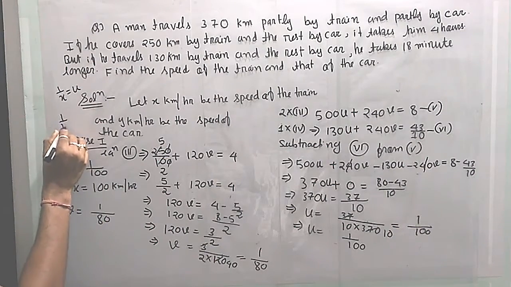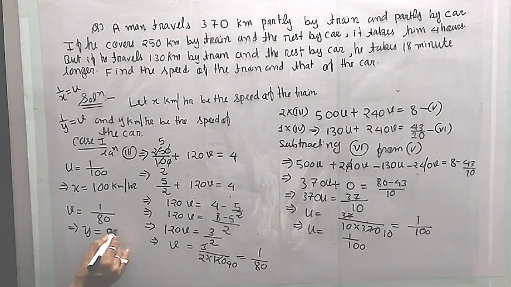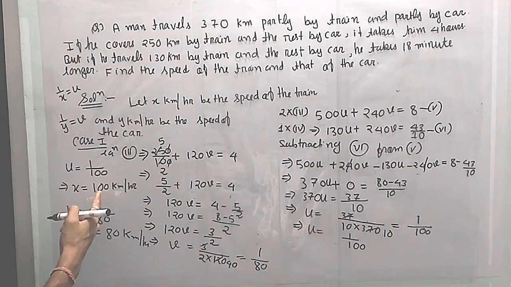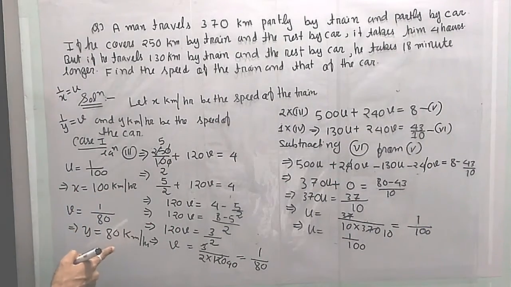We assumed 1 by y equals v. So v equals 1 by 80 means y equals 80 kilometer per hour. So x is 100 kilometer per hour, that means the speed of the train is 100 kilometer per hour, and y equals 80 kilometer per hour is the speed of the car.